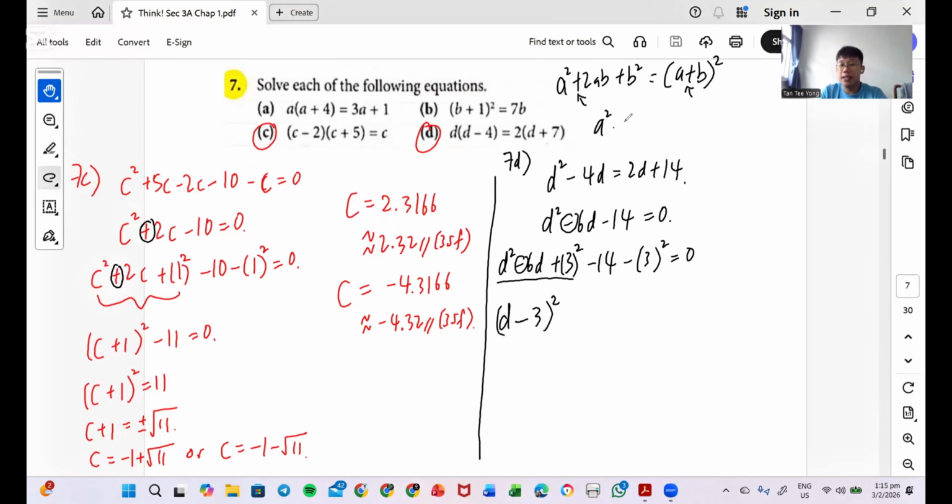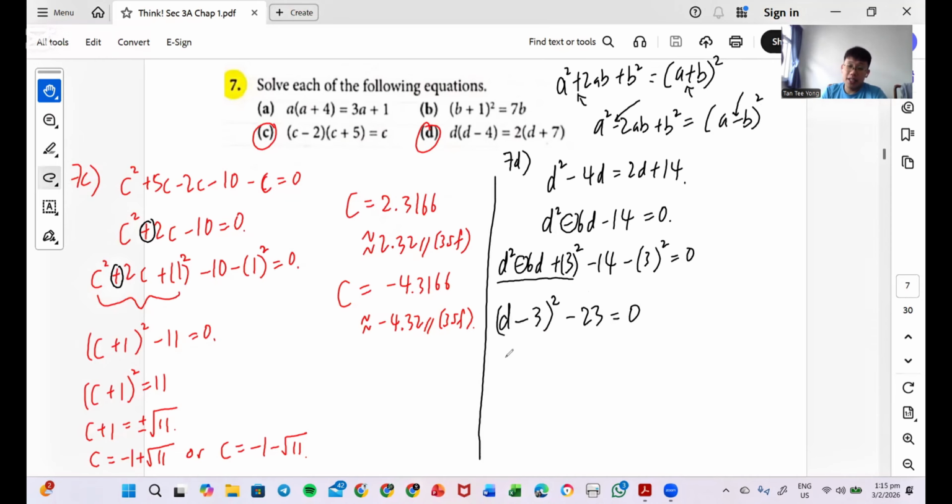Then if it's minus, then it's minus. So look at this, minus. Then this is minus. So minus 14 minus 9 should be minus 25. Sorry, minus 23.